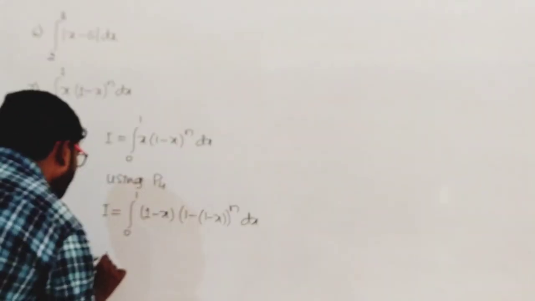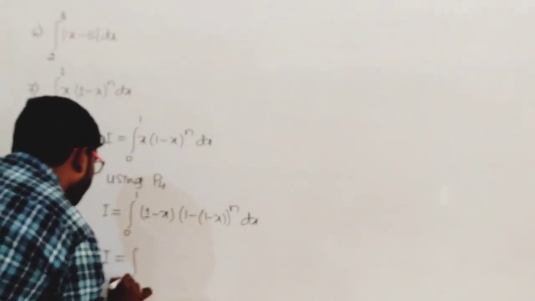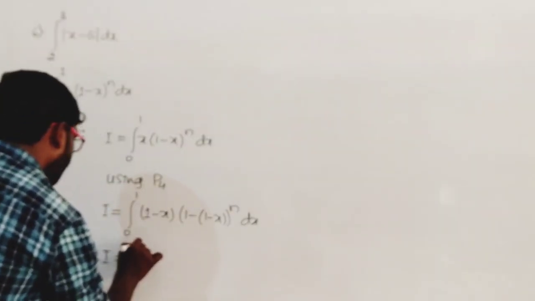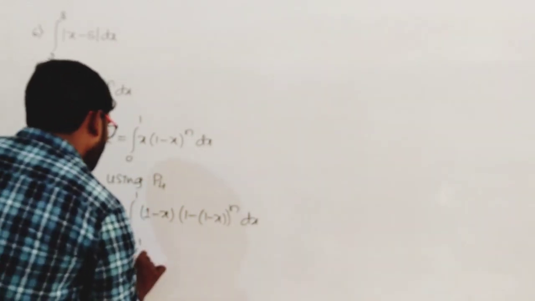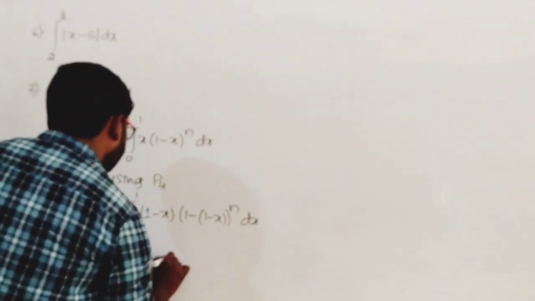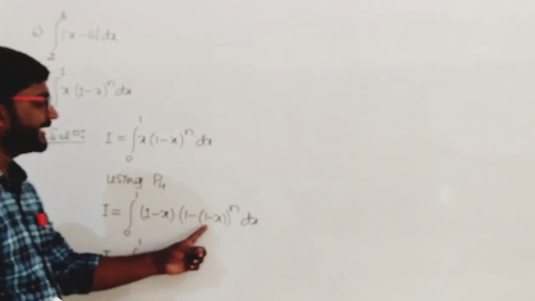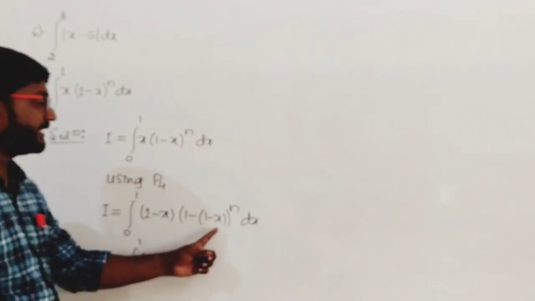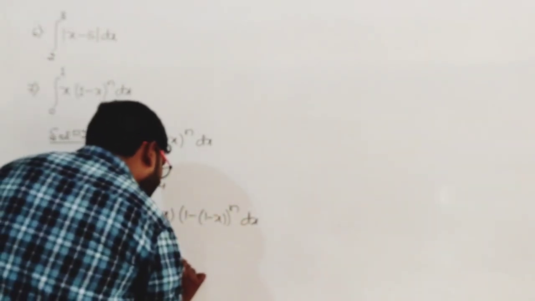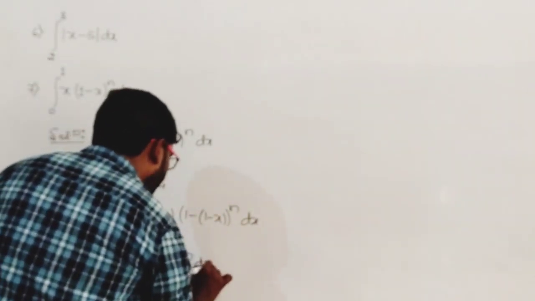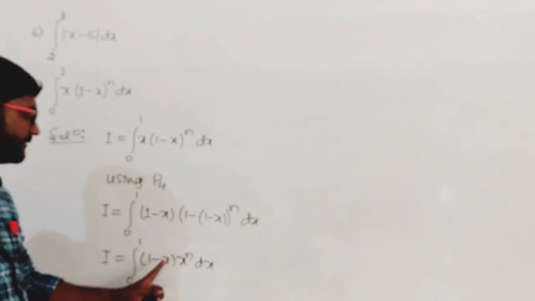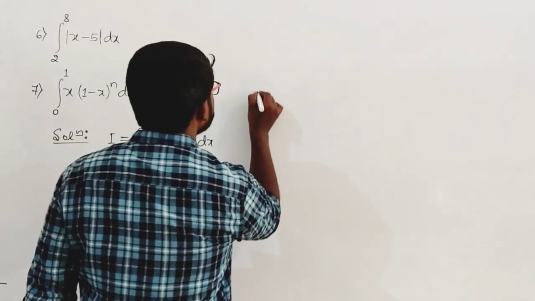So now I is equal to the integral 0 to 1, and 1 minus x I will be writing as it is. Then here multiply minus inside, plus 1 minus 1 get cancelled, so minus into minus is plus x to the power n, it is x to the power n dx. Now multiply x to the power n with these two terms.